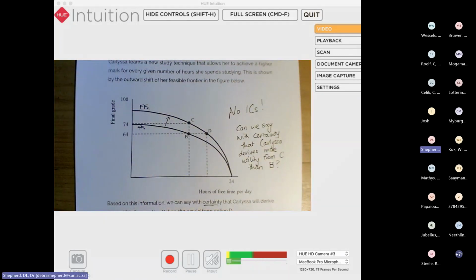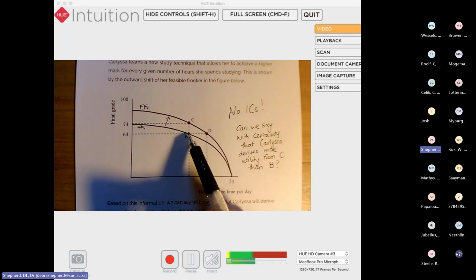Can we say with certainty that she gets more utility from option C than option B? Yes. Why can we say that? So we know we don't have her indifference curves, right? So how can we say that C makes her happier than at B?